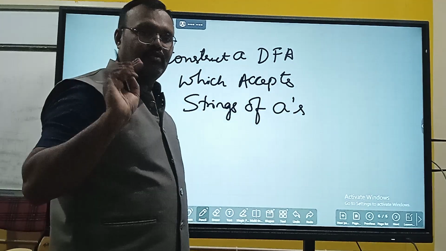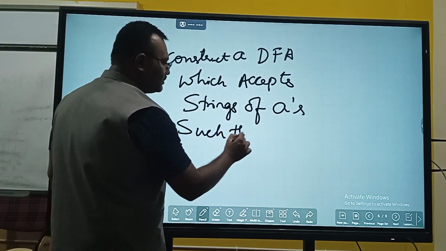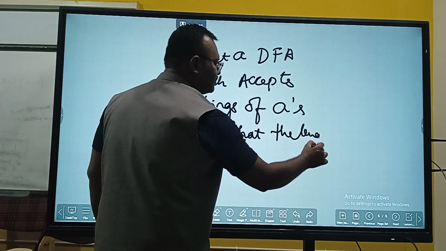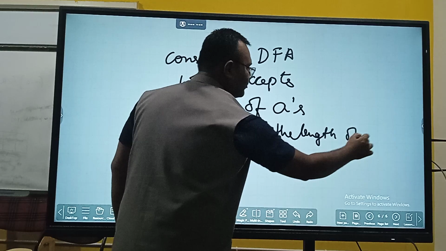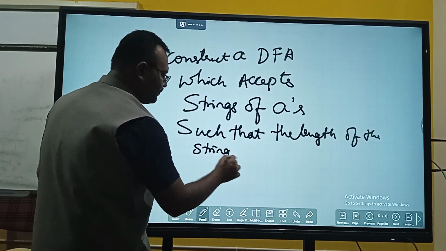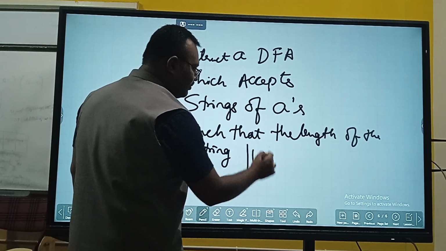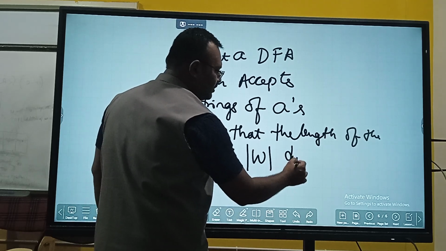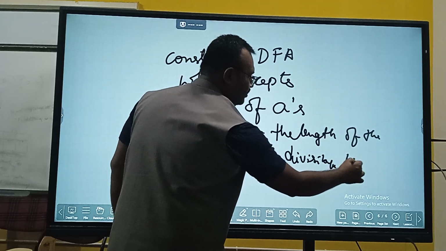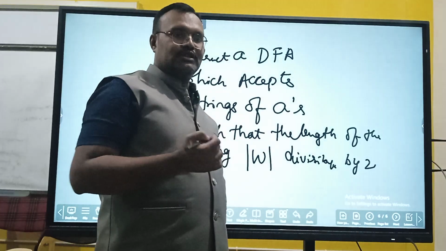Here I have only one alphabet, A, such that the length of the string, that is, if I consider W as a string, the length of W should be divisible by 2. So this is what the question says.